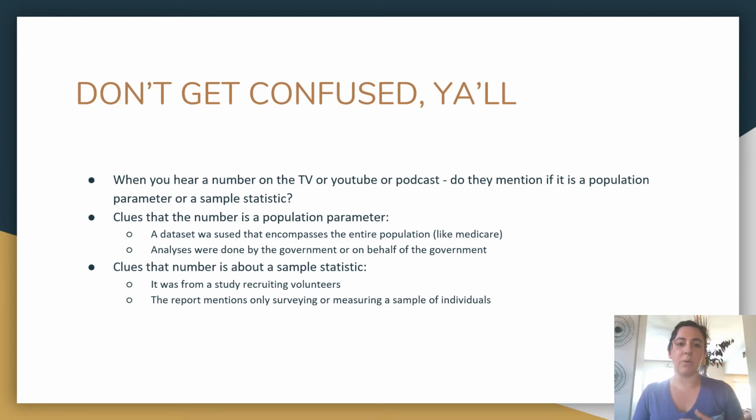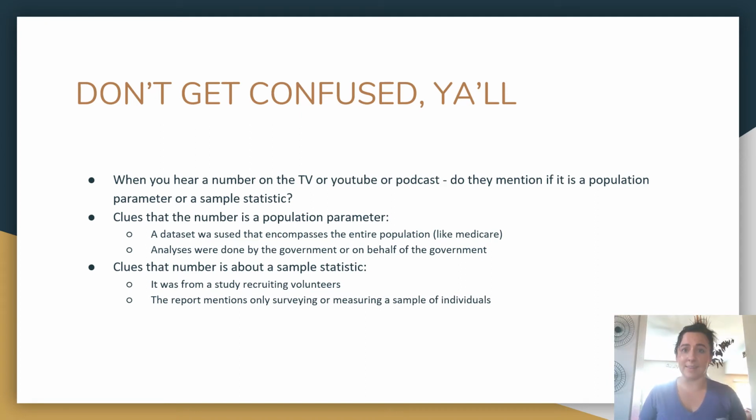Some clues of a population parameter would be that a data set was actually used to encompass the entire population, for example, Medicare, or analysis that was actually done by the government. If it's a government thing, odds are likely the government isn't going to sample.